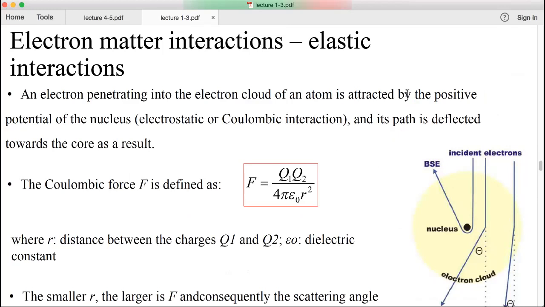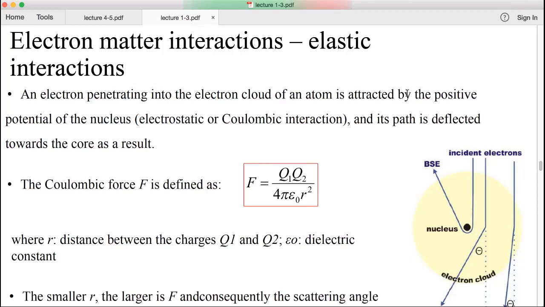So this Coulombic force, F, is defined by Q1 Q2 over 4 pi epsilon naught R squared. And R here is the distance between the two charges. In our case, it's the nucleus and the incoming electron. Epsilon naught is the permittivity constant. The smaller the R, the larger the F. It's obvious. And consequently, the larger the scattering angle.